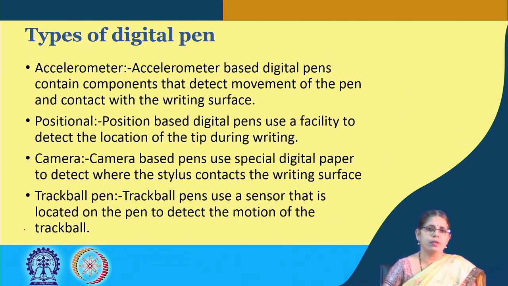Another type of a digital pen is a trackball pen, which uses a sensor which is located in the pen, which helps in tracking. So therefore it detects the motion of the trackball. So depending on the use or the functionality, one can have different developments in relation to a digital pen.